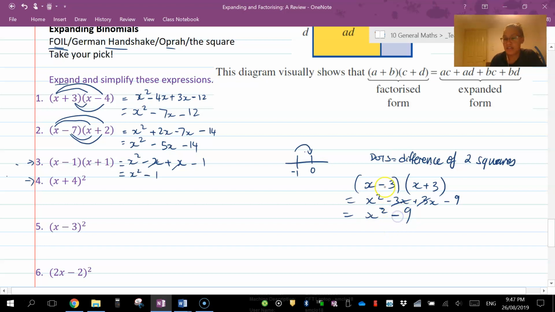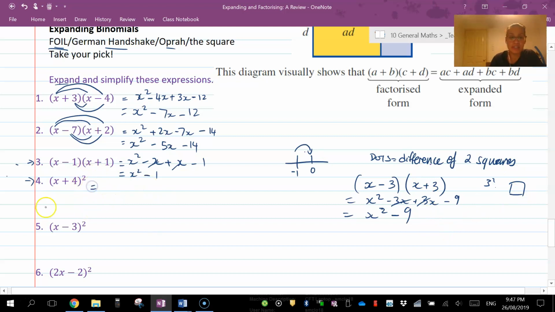If you did enough of these, you'll eventually find that the pattern is x squared minus the square of the second number. That's why it's called the difference, because you're subtracting, of two squares, because that is the squaring of something when you multiply it by itself.